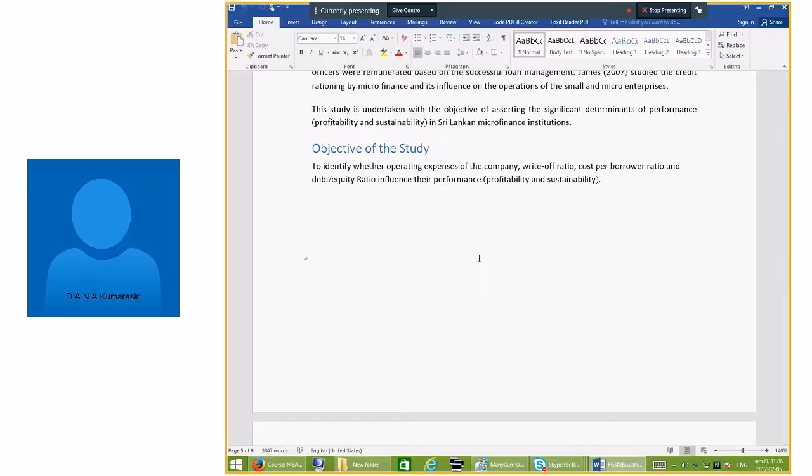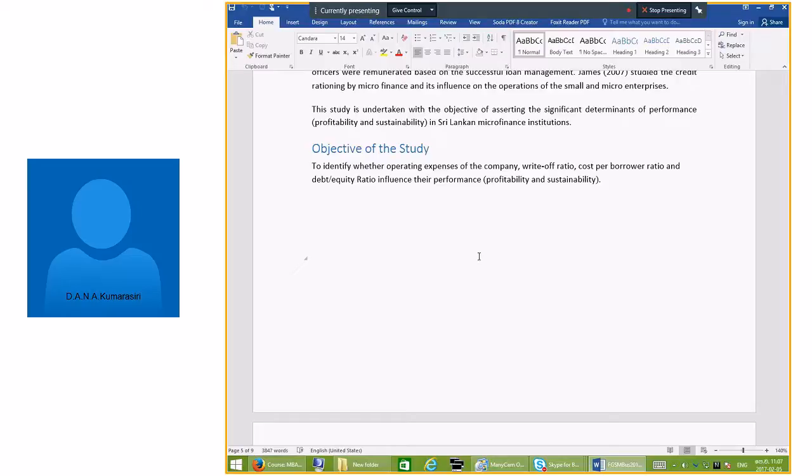The objective is to identify whether the operating expenses ratio, write-off ratio, cost to borrow ratio, and leverage, that is the debt to equity ratio, influence the performance, that is profitability and sustainability, of microfinance companies.